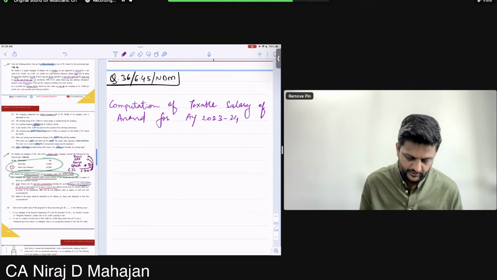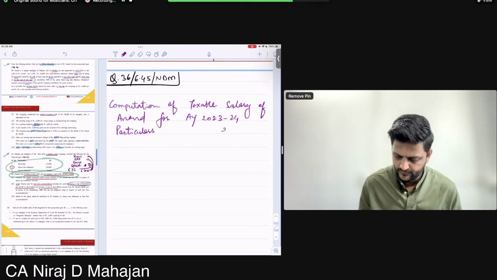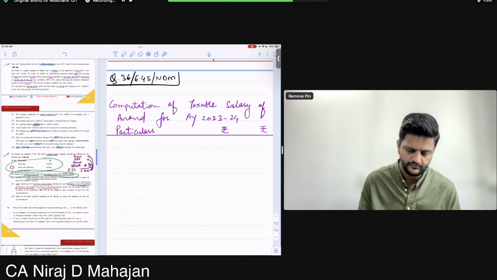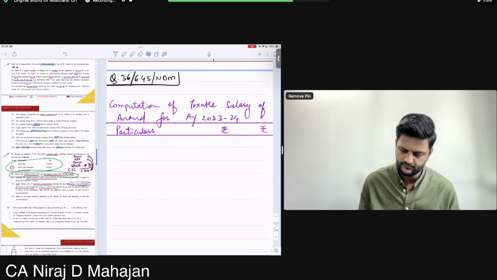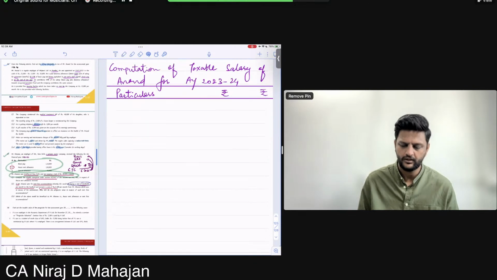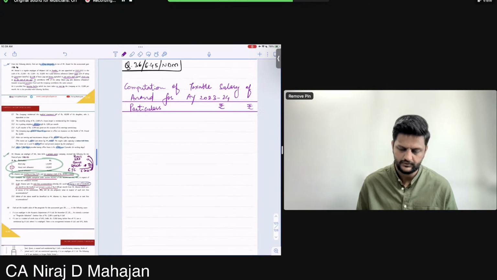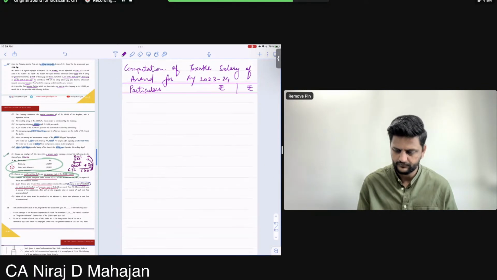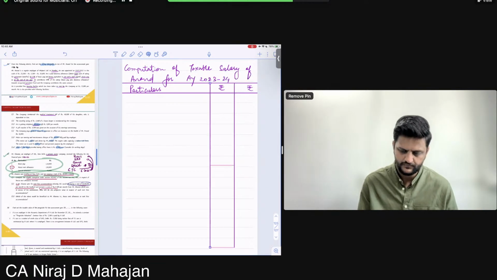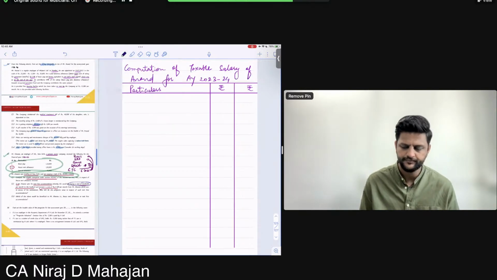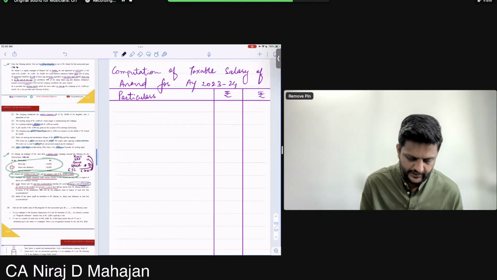Particulars, rupees. What is the first thing you write? Salary under section 17(1).